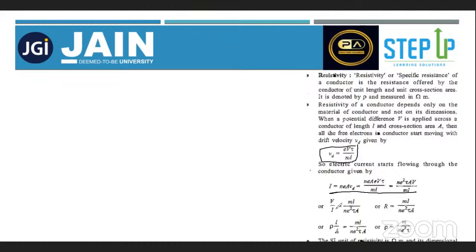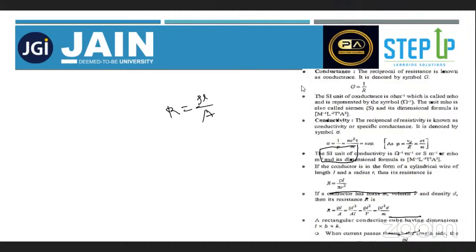Then V by I is equal to R, and rho L by A is basically the resistance. Similarly, conductance G is equal to 1 by R, and we write conductivity as sigma.